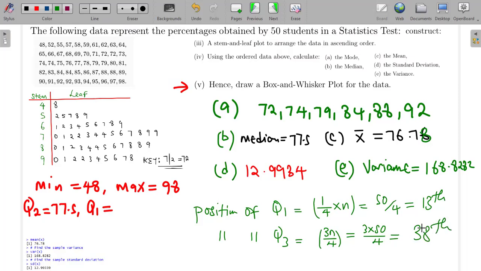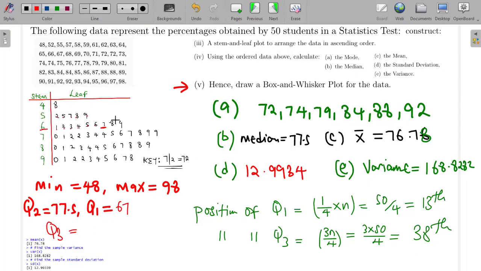In my ordered data, I need to go to the 13th position. That's my Q1. So that is 1, 2, 3, 4, 5, 6, 7, 8, 9, 10, 11, 12, 13. So this is 67. Then my Q3 will just be equal to, I need to go to the 38th position.